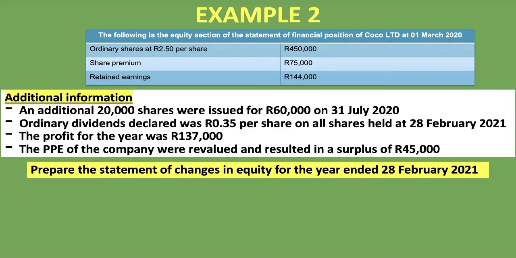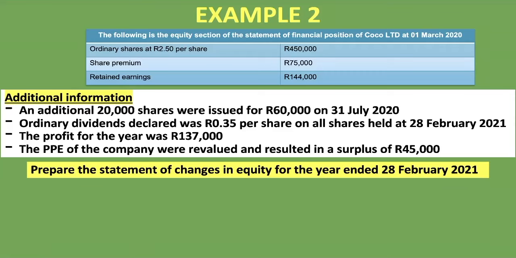So we need to figure out how many shares we have in issue, and then we need to multiply that by 35 cents per share to get the total value of dividends that we declared. So the first thing that we need to do is to calculate how many shares we had at the beginning of the period. We know that our ordinary shares have a par value of 250, and at the beginning of the period, it was worth 450,000 rand.